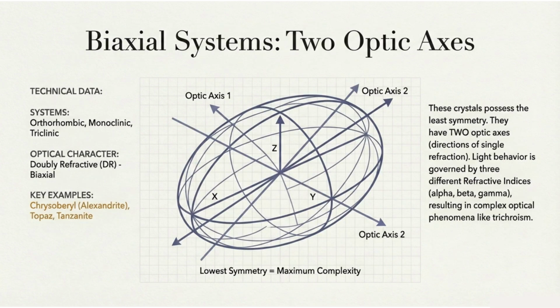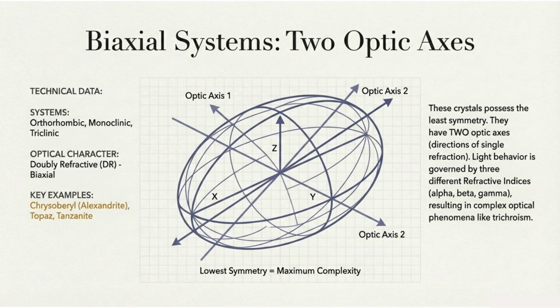Now we go full chaos with biaxial systems, two optic axes. Technical data: crystal systems, orthorhombic, monoclinic, triclinic. Optical character: doubly refractive, DR, biaxial.